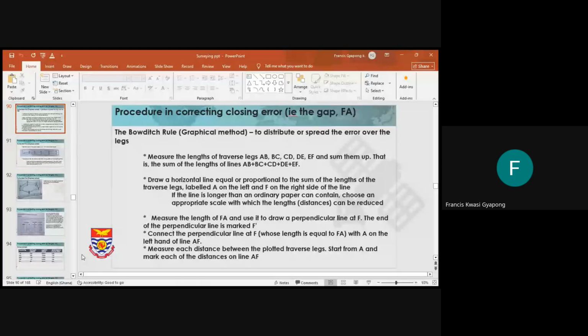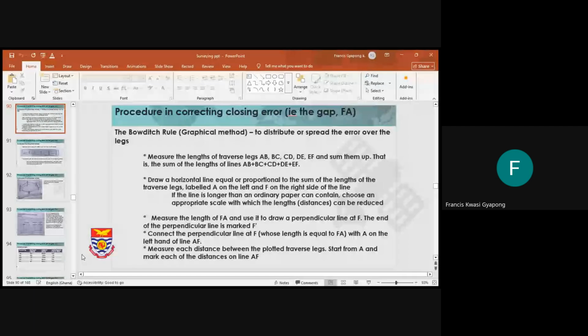Okay, you are done with AB. Now let's go to BC. The same procedure. Measure the one you have plotted, line BC. I am getting 1.9. So you write BC equal to 1.9 centimeters. You can decide to ignore the unit.